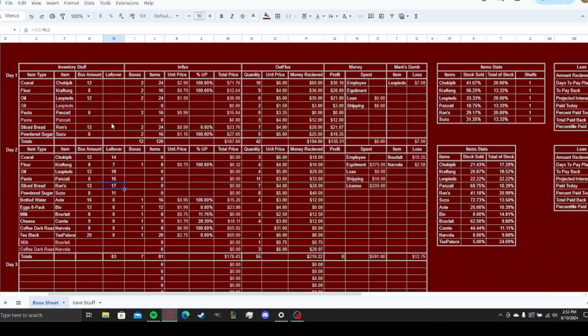Without having the items be individually identified, if you can't individually identify every item and what it was bought at and sold at, you cannot do a profits tab, which really sucks.